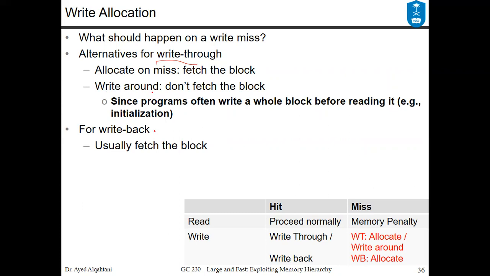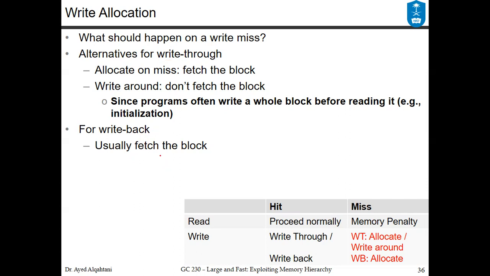Or write around, and this means write on the main memory and don't fetch the block. The reason for this is that programs often write a whole block before reading it. This happens, for example, in initialization at the beginning. For a write back, if you are using dirty bits, you must fetch the block. Since you are writing, you fetch the block and make it dirty.